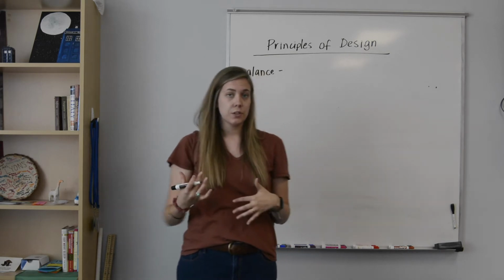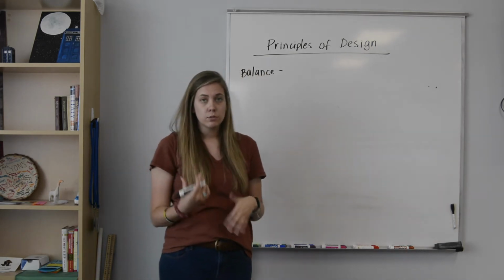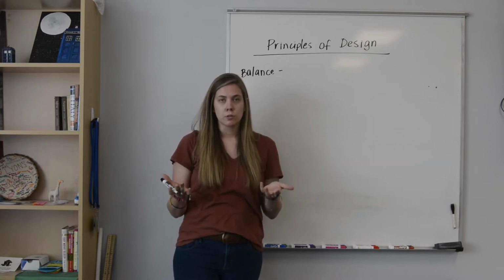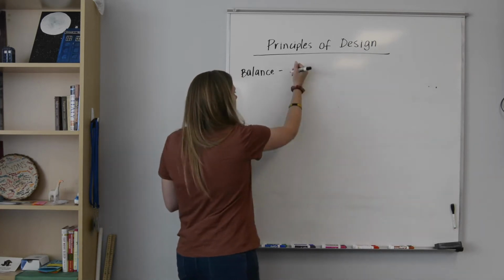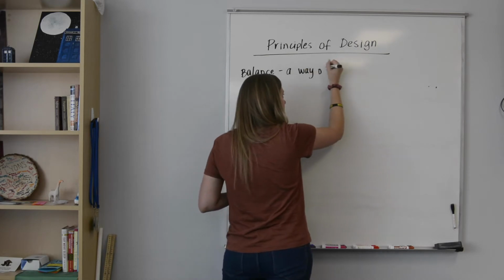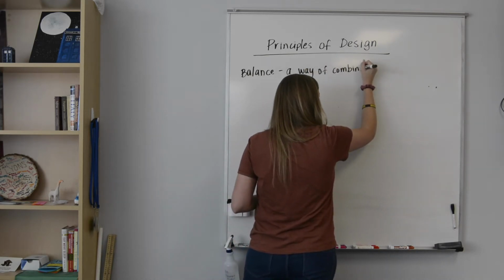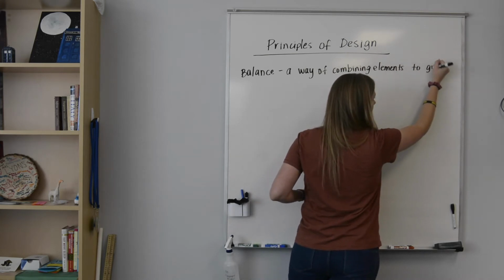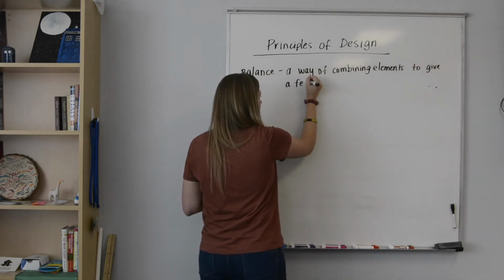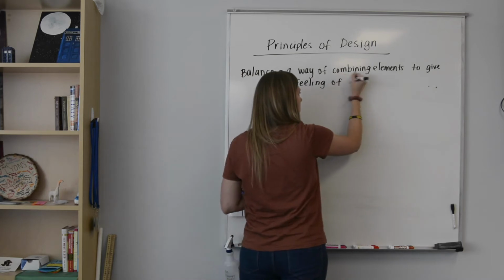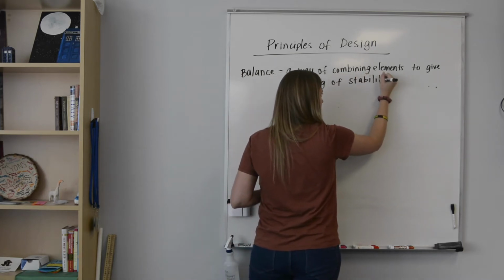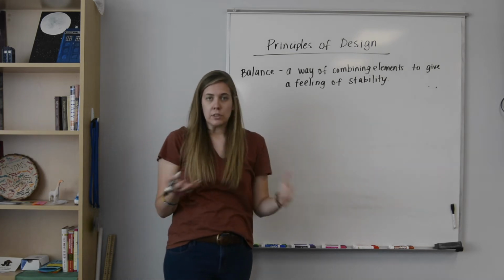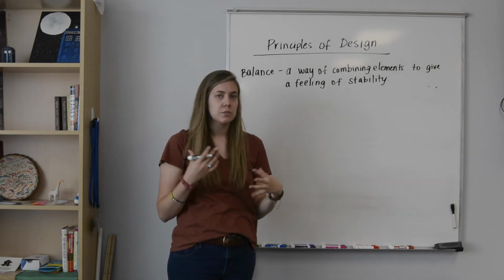Balance is basically just a way of combining visual elements to give a feeling of stability to your photograph or your image. So let me write that down. A way of combining elements to give a feeling of stability. So, what does that mean? You might have heard of this, but it doesn't really make sense to you.